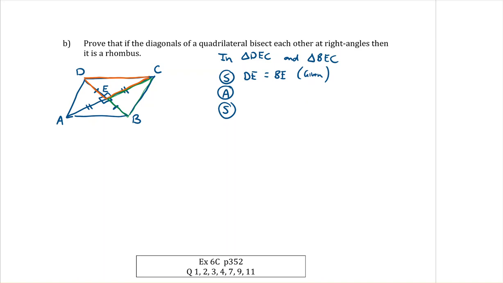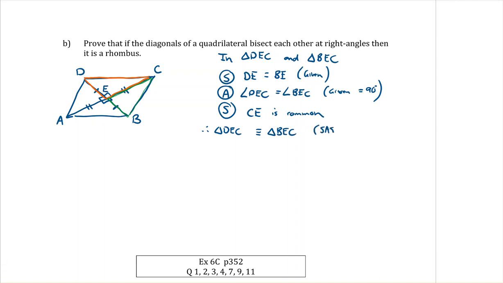So we were told that in the question. We also know our angle, which is the right angle. Angle DEC equals angle BEC. We were told that as well, that they were 90 degrees. And for my orange and green triangle, I have got a common side there, side CE. So I now know, therefore, triangle DEC is congruent to triangle BEC because of SAS.